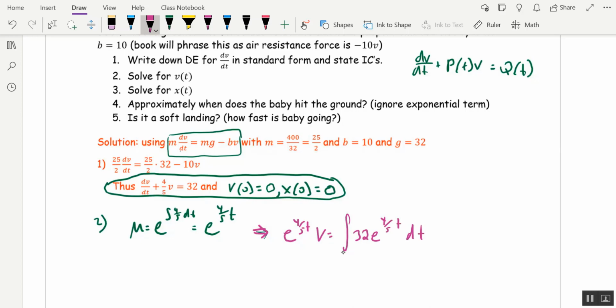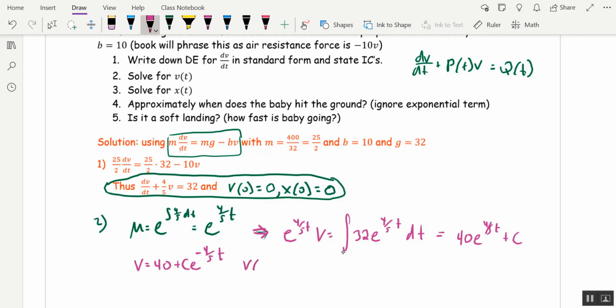And so we integrate, which gives us 40 e^(4/5 t) plus c. Then divide both sides by mu to get v equals 40 plus c e^(-4/5 t).